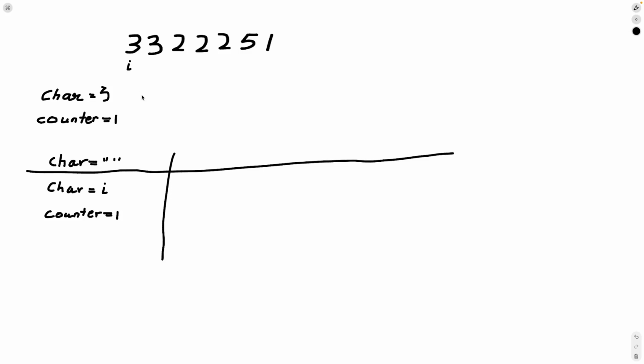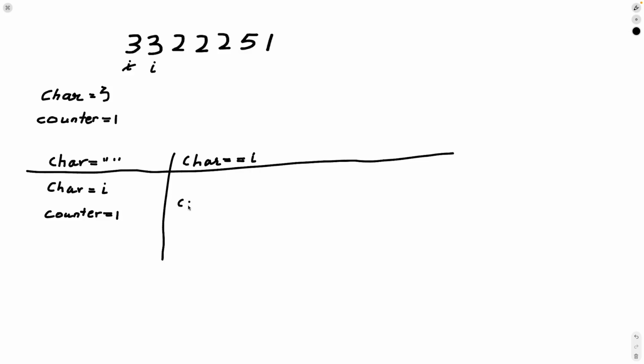Now, in the next step, when my i moves forward, what I'm checking is if my character is equal to whatever is at the ith position. If this is true, then what do I need to do?